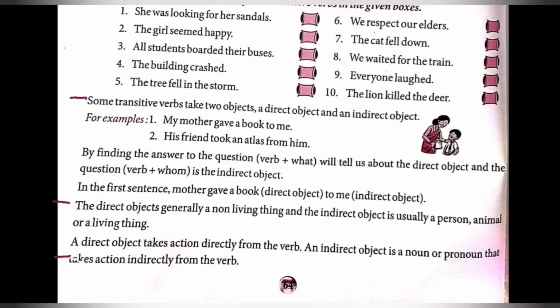Me is a pronoun, him is a pronoun, but they take action indirectly. So they are functioning as the object. Hope you are clear with the concept.